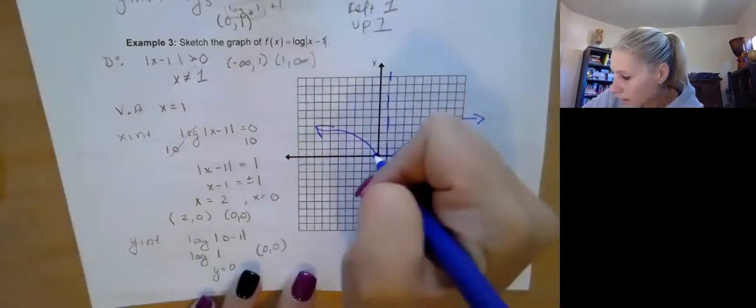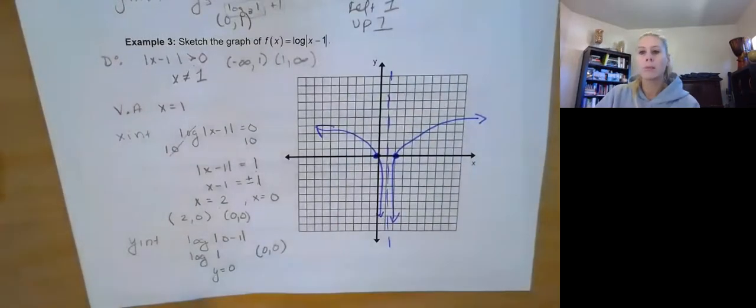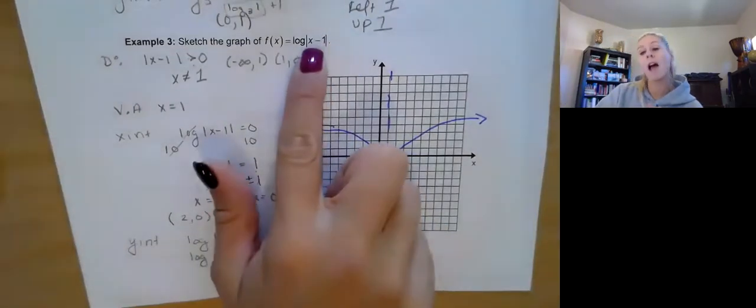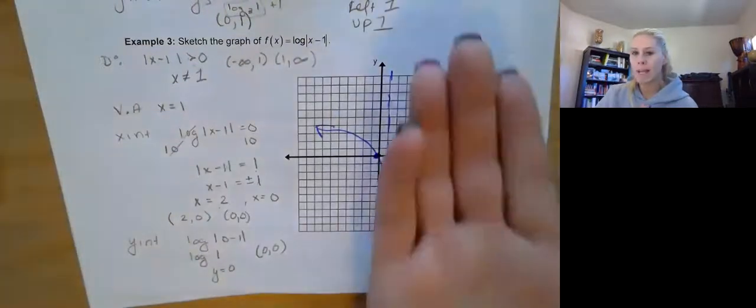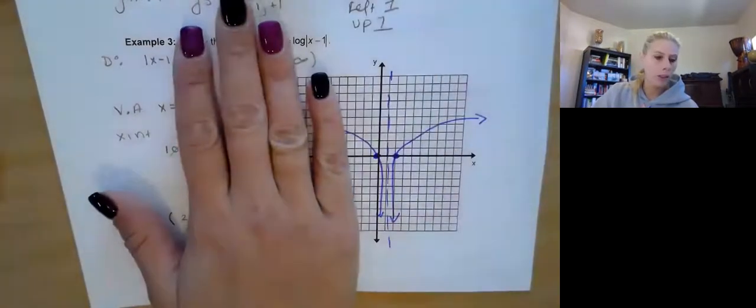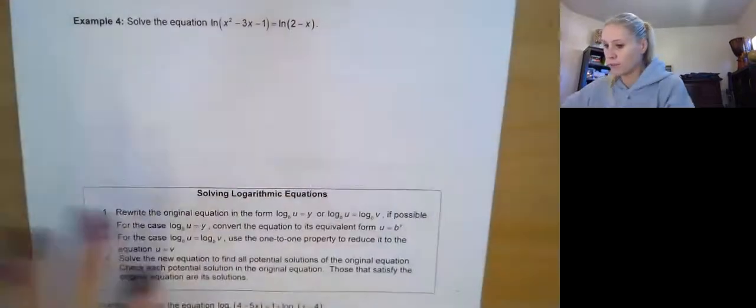And if you wanted to get very particular, all you have to do is plug in numbers and find out exactly where they go. But absolute value on the inside makes whatever is on the right side flip over to the left. Awesome. All right, let's see what else this has in store for us.